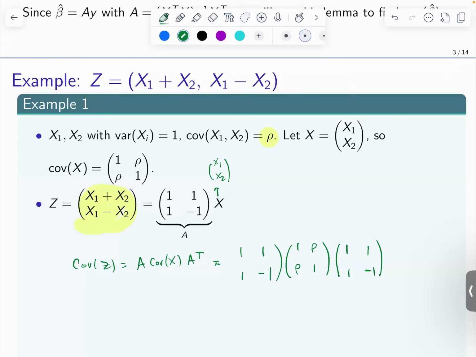So can anyone help me multiply this out? Just write down the formula, just notice that the variance of X is this, and then multiply it out. How do we multiply it out?